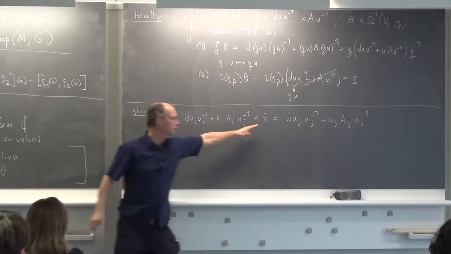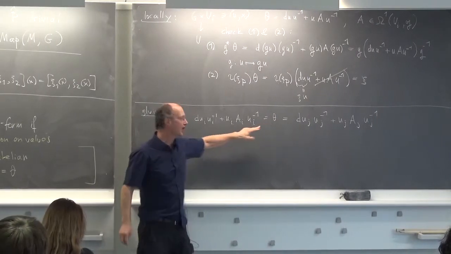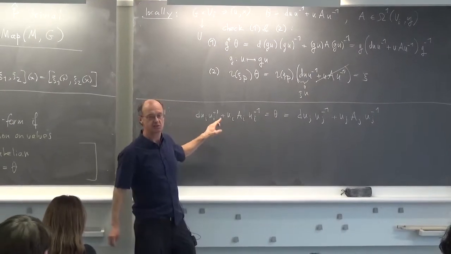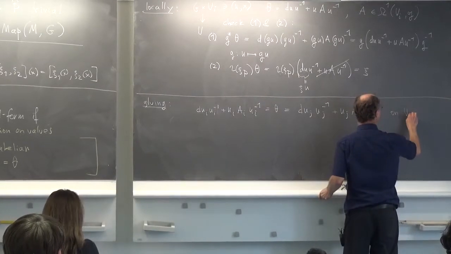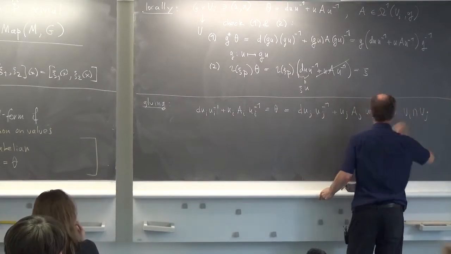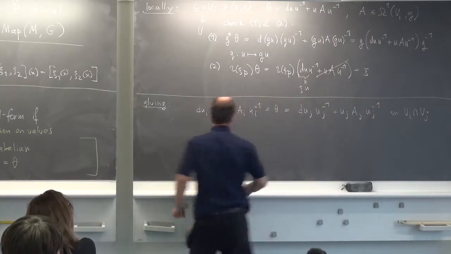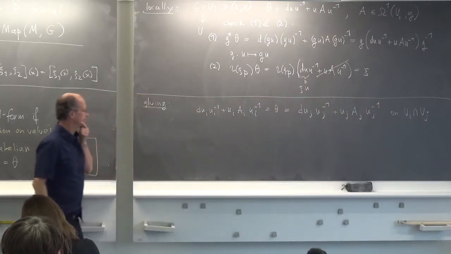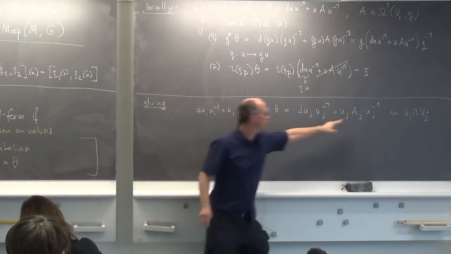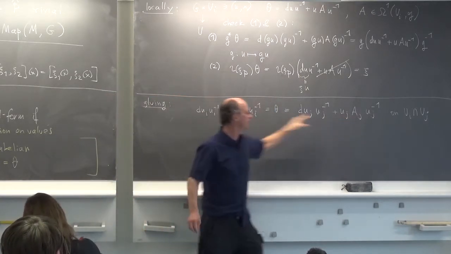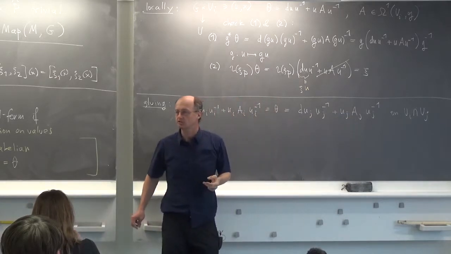Right? But this is a global object. On the overlap of charts, it can be expressed either this way or that way. So this is on U_i overlap U_j. Now, it will tell us how those local representations A_i and A_j will be related to each other.